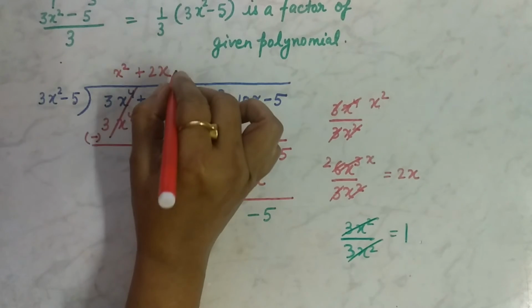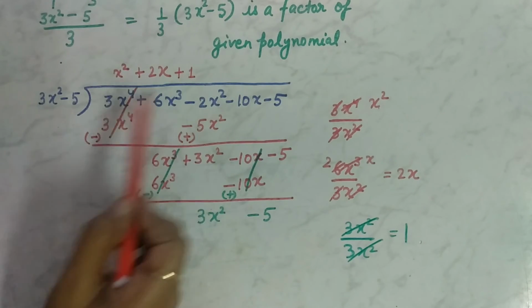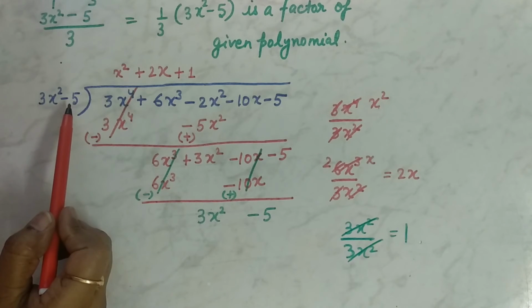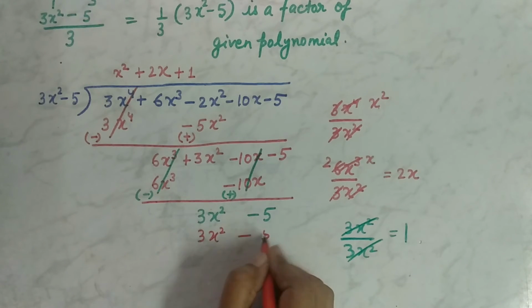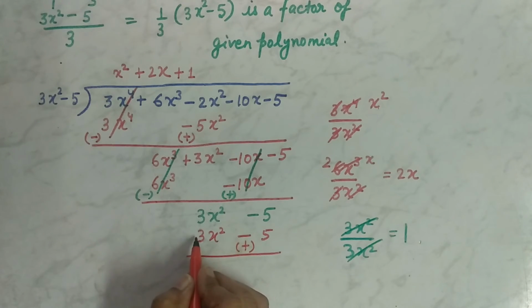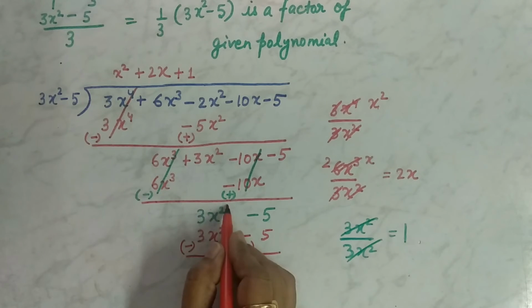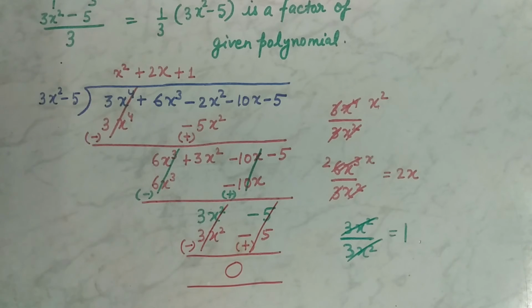And I will multiply this plus 1 with each term of the divisor. So I get 3x square minus 5. Okay. Now I change the sign. This minus sign will become plus, and this plus sign will become minus. So 3x square and 3x square will be cancelled out. Minus 5 plus 5 will be cancelled out. So it is 0.